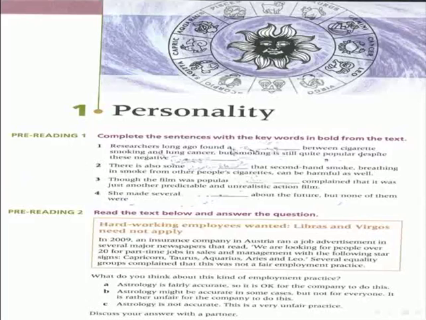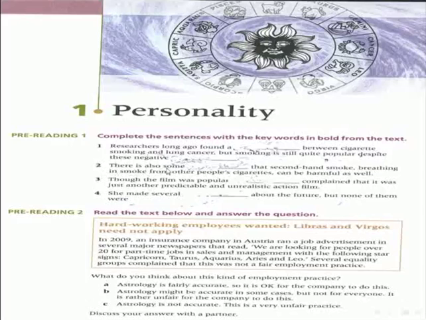A link. So researchers long ago found a link between cigarette smoking and lung cancer. But smoking is still quite popular, right? Despite these negative what? The answer, you find it in the text, right? So despite these negative consequences, right? Here we write consequences.